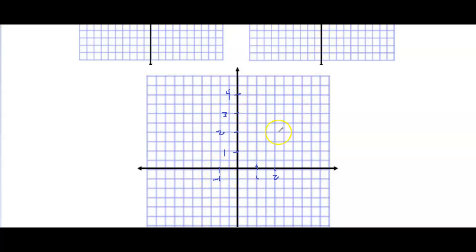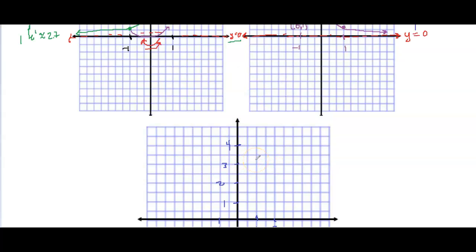Okay, so once again, we're going to start with our horizontal asymptote. That was at y equals 0, but it shifted up 1 unit, plus c, everything went up 1 unit. So we now have our horizontal asymptote here at y equals 1.